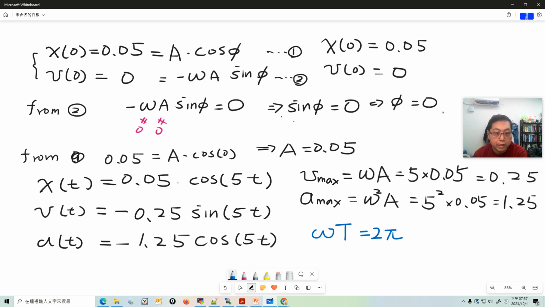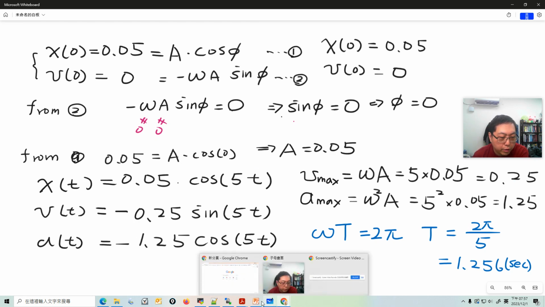We have omega equal to 5, so the period equals 2 pi over 5. That's 6.28 divided by 5, which is 1.256, and the unit is seconds. That's all for the first problem.